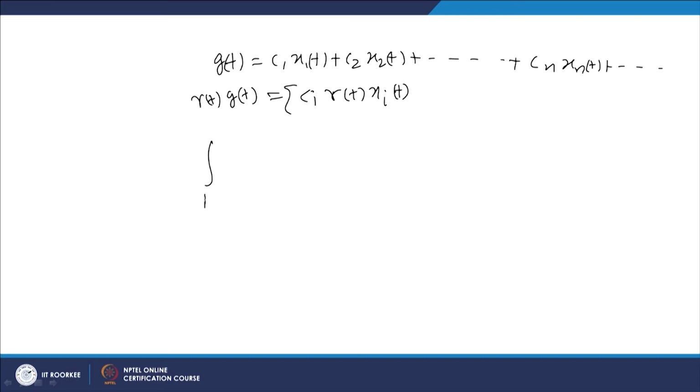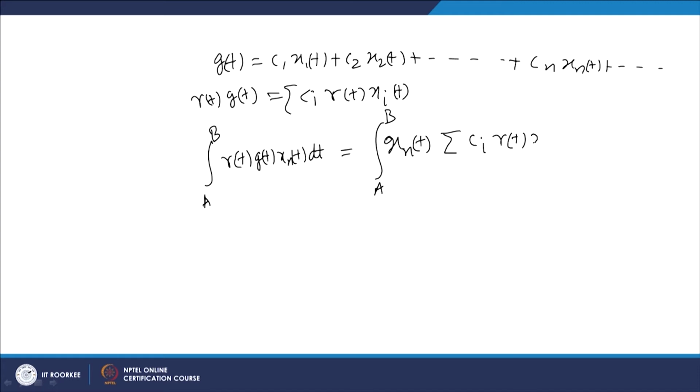So, we will get the integral from a to b of r(t) g(t) xn(t) dt, and here, let me expand it, it is xn(t) times the summation, the integral from a to b of the sum of Ci r(t) xi(t) dt.